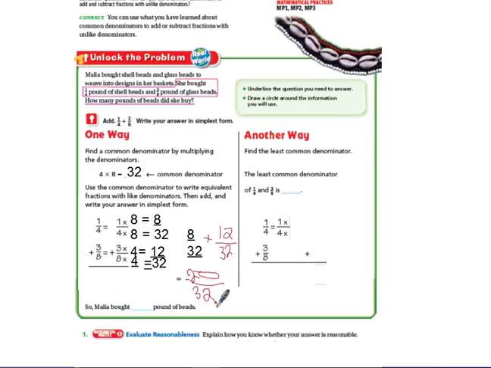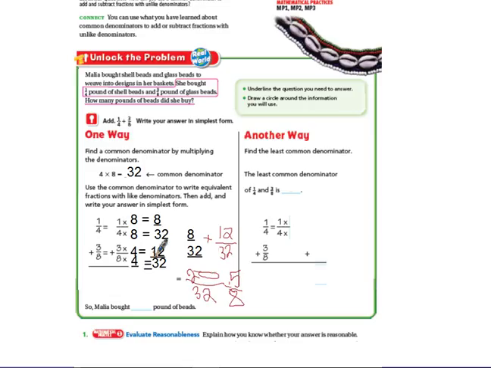And I know that's not in the simplest form, so I'm going to divide them both by, if I look at it, I know I can divide them both by 2, but I also know that 4 is a factor of 20 and 4 is a factor of 32, so I'm going to divide them both by 4, and I'm going to get 5/8.